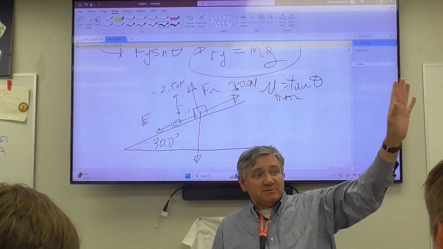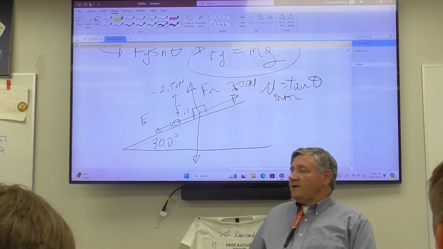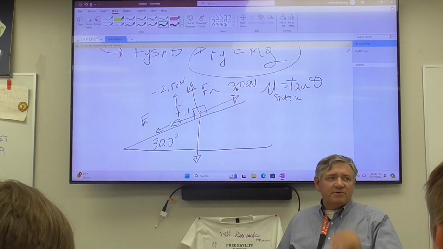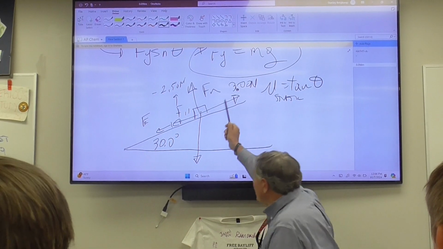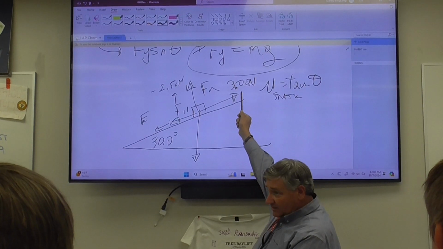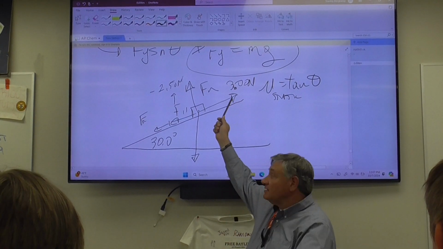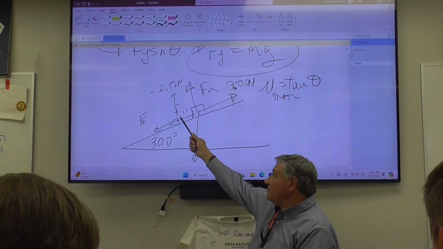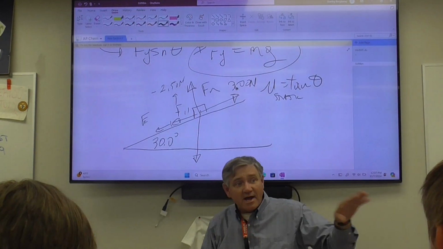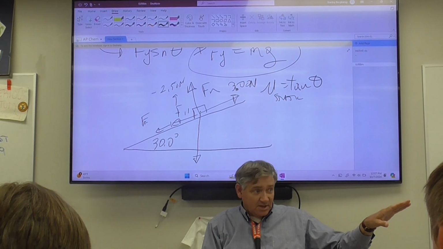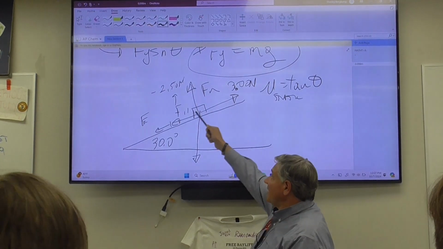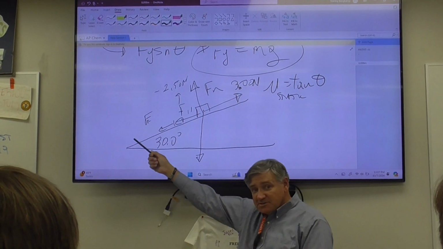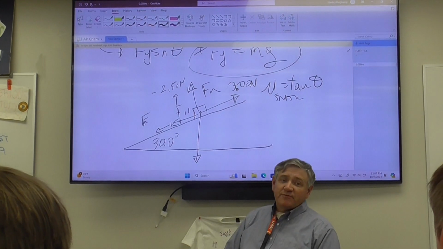I'm just making up numbers. So here's the first thing I'm going to look at when I look at this diagram. Your force applied, which is 3 newtons in this case, and your force parallel and your force friction better add up to equal 0. Okay? So if this is 3 and that's minus 2.5, Jackson, what would the value of your force friction be?